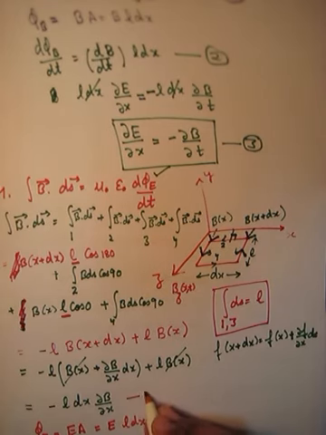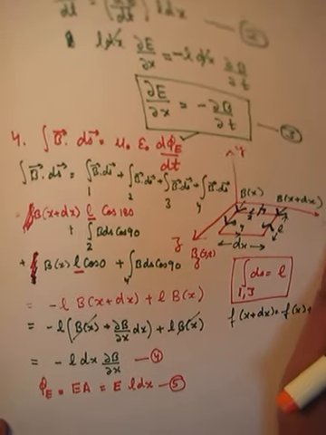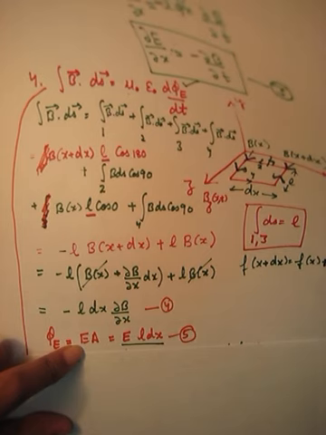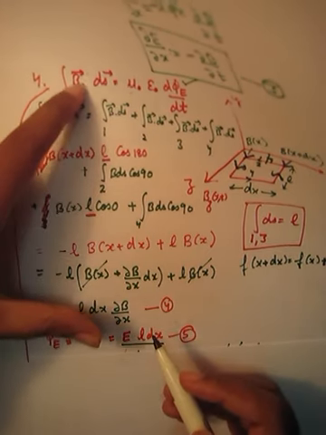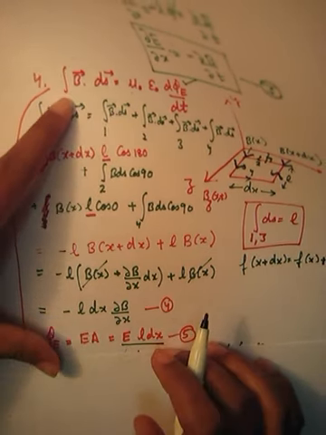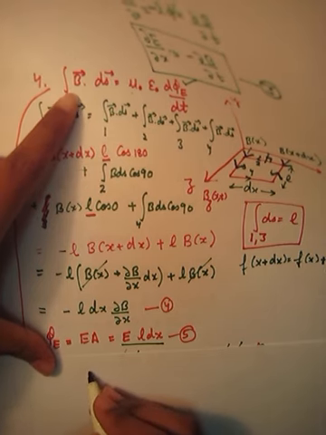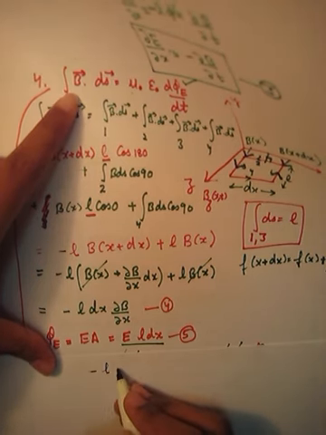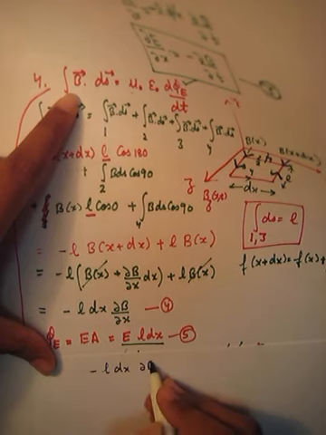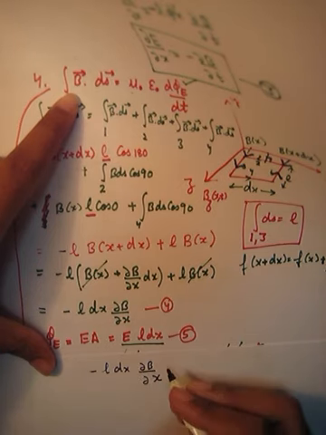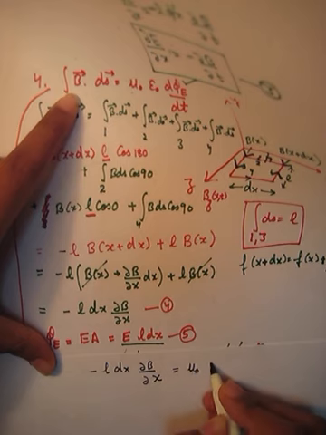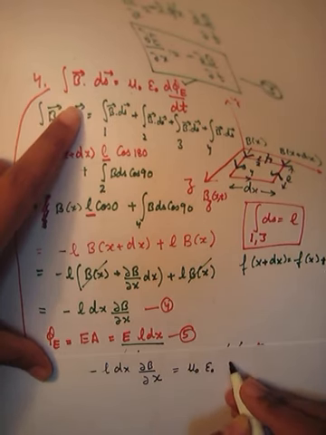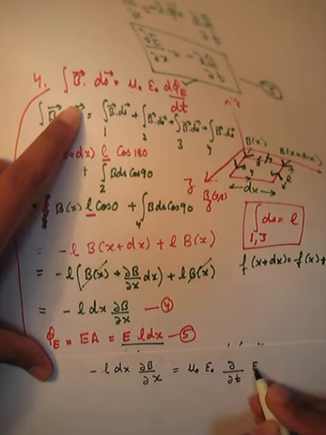Let's say this is equation 4 and equation 5, and now put equations 4 and 5 in the fourth Maxwell's equation. What we get is minus L dx ∂B/∂x is equal to mu naught epsilon naught ∂/∂t of E L dx.